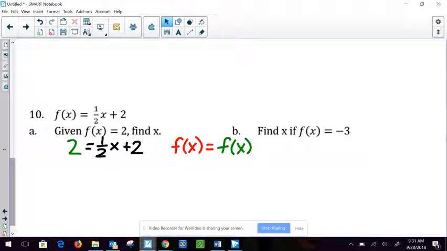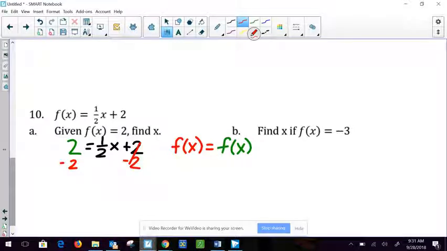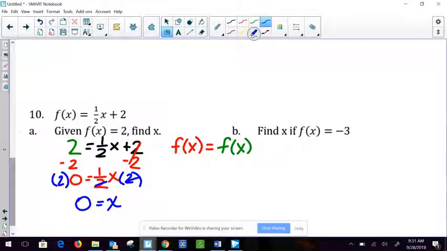See how they're both the same? And now I go ahead and solve. How do I get rid of that plus 2? I'm going to subtract 2 from both sides. On the right side, we say it cancels. On the left side, what is 2 minus 2? Right, 0. So 0 is equal to 1 over 2x. Now we need to multiply both sides by my denominator. So times 2 and times 2. 2 times 0 is nothing, so it's equal to 0, and that is equal to x.